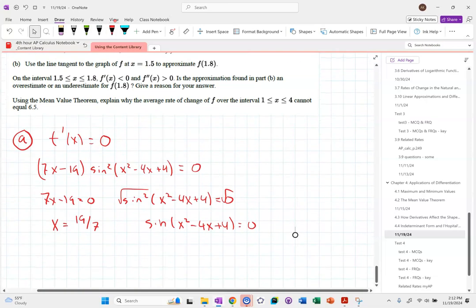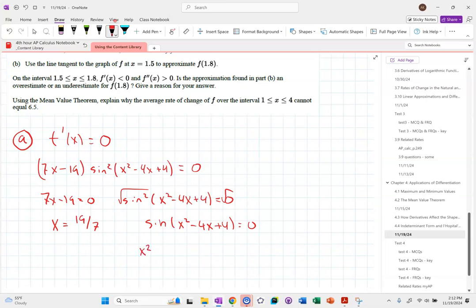And then sine is equal to 0 when the angle is 0 or pi. I'm going to worry about both of those possibilities for right now because my interval is from 1 to 4. Now 0 doesn't land in there, but I haven't solved for 0 yet, right?